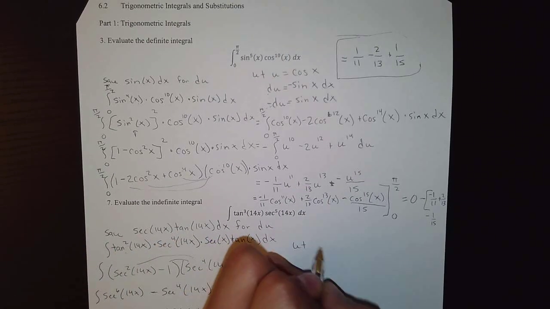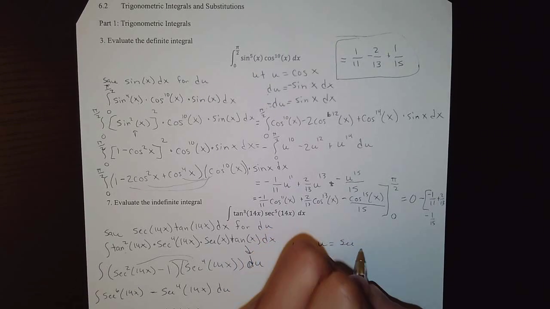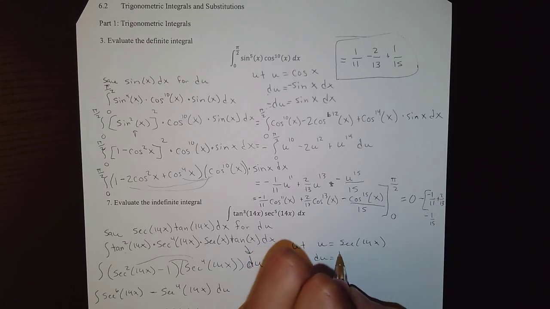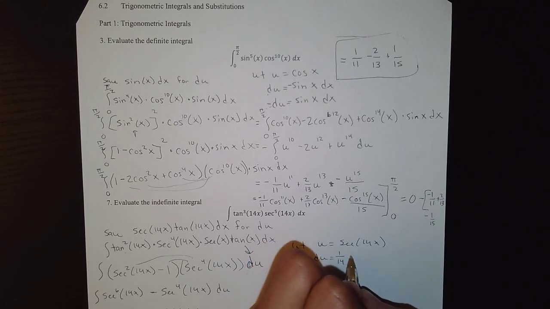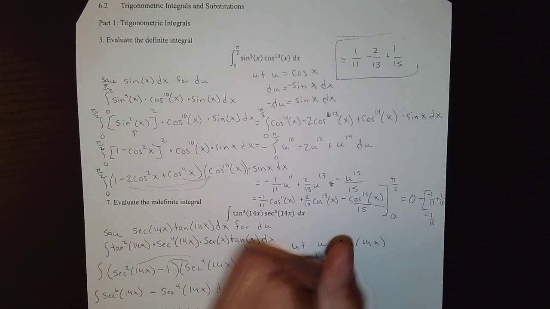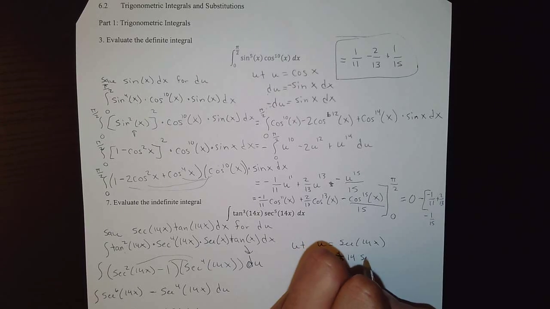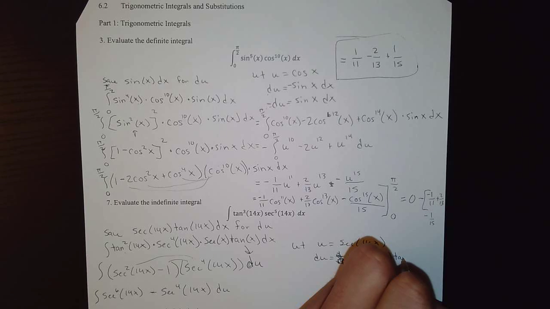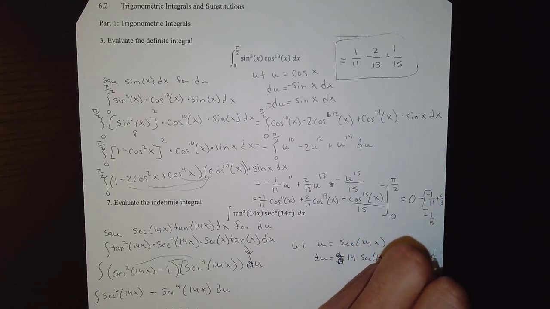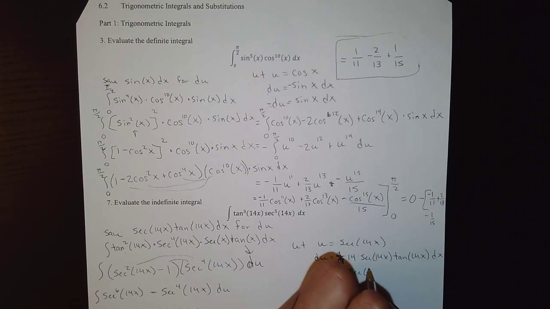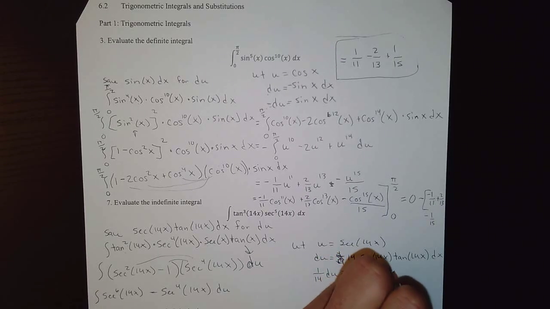Now we can let u equal secant of 14x. Then du has to equal 14 secant of 14x times tangent of 14x, or 1 over 14 du is equal to secant 14x tangent 14x.